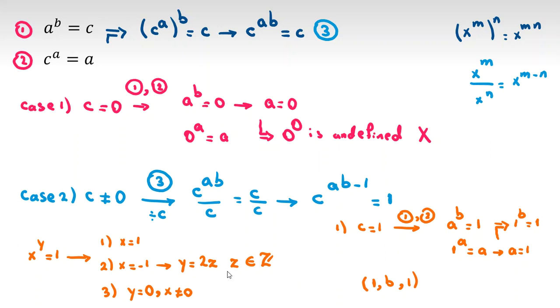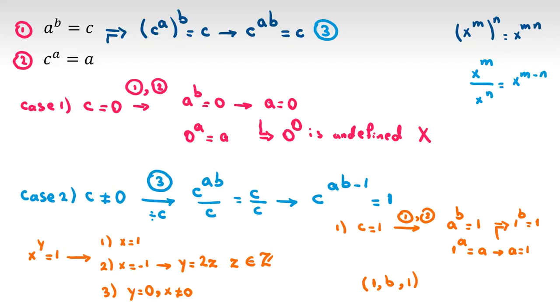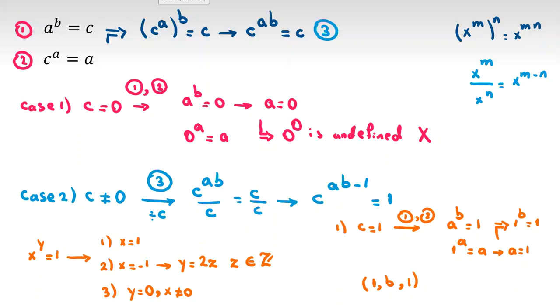Now, let's consider the second case. Here, x is negative 1, base negative 1. Here, c is negative 1. I write c equal to negative 1.